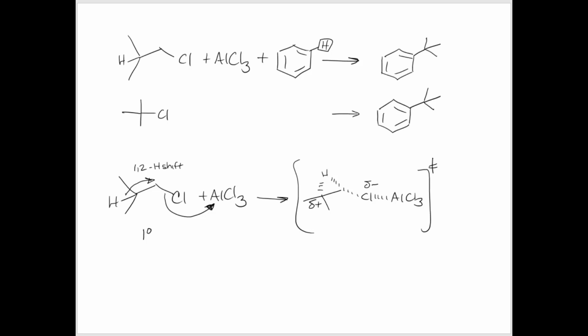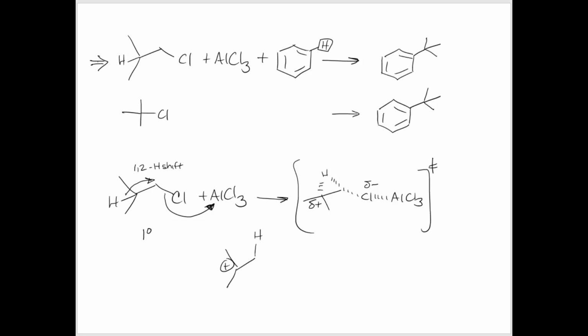So the hydride would shift over as the chlorine was leaving, and I would end up with my tertiary butyl carbocation, which would then add to the benzene ring and do electrophilic aromatic substitution. So I know for a fact that this reaction does undergo a hydride shift. So you could use either one of these if you wanted to make tertiary butyl benzene. So you can have these shifts occur.